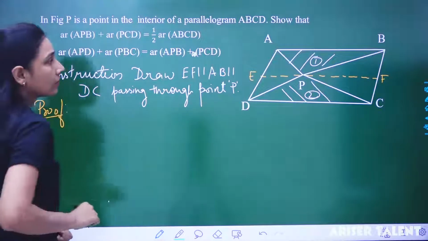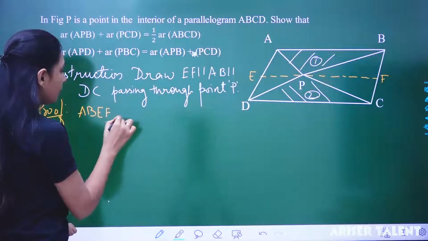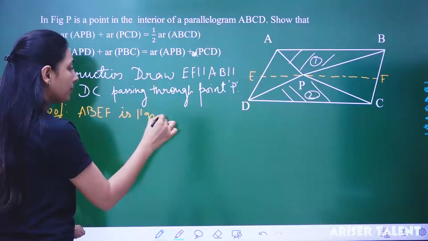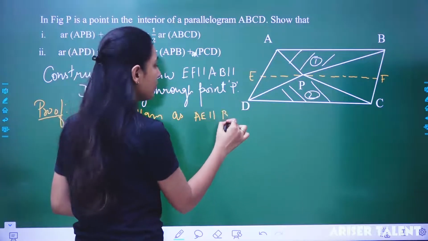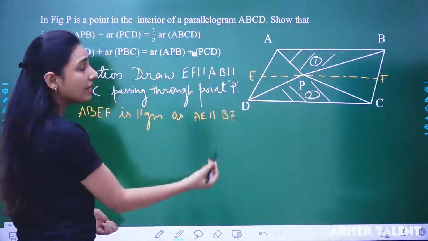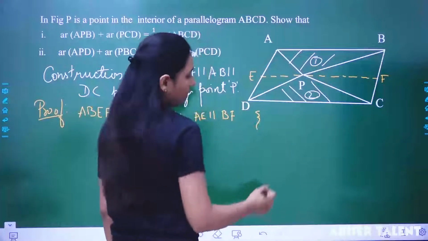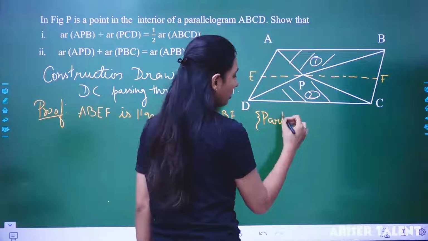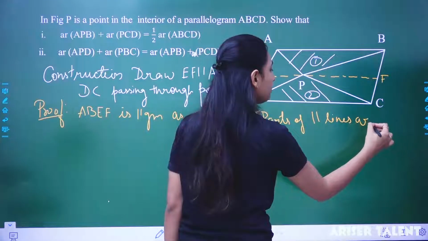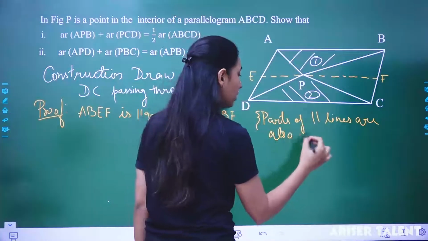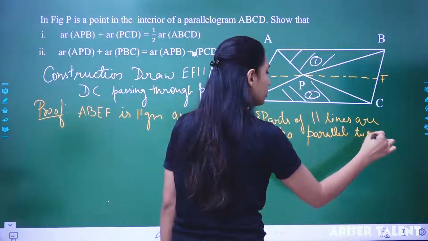Now, ABFE is a parallelogram, as AE is parallel to BF, and why is AE parallel to BF? Because parts of parallel lines are also parallel to each other.